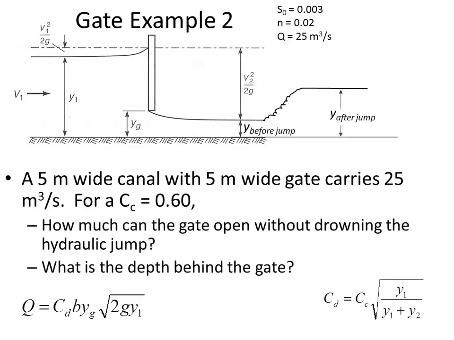As long as the gate opening is 1.7 or less, then it's going to run away from the gate and not around the gate.